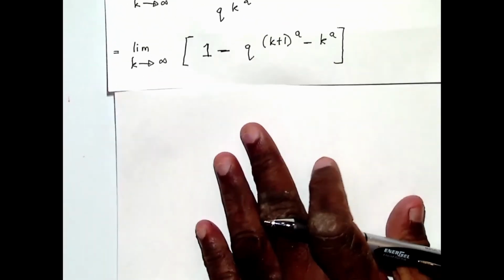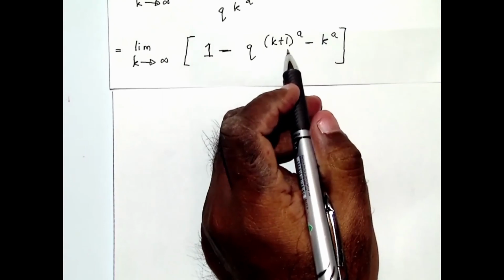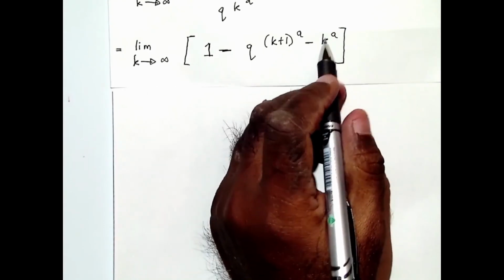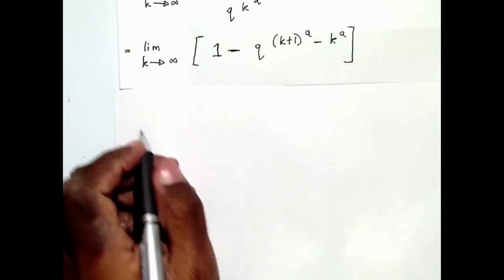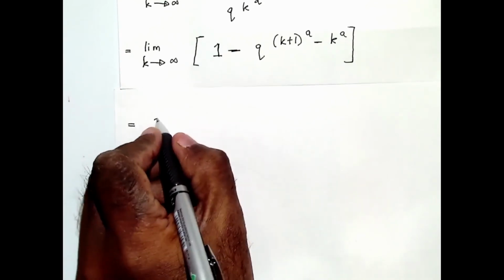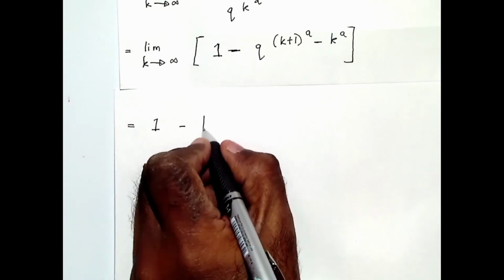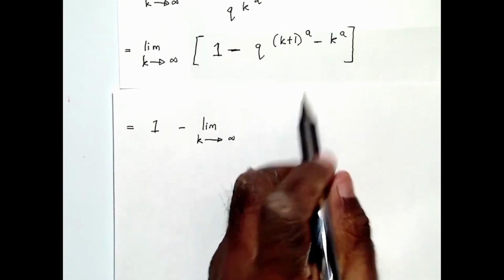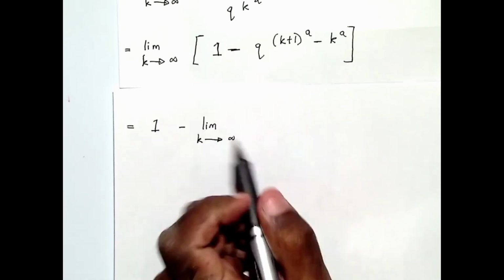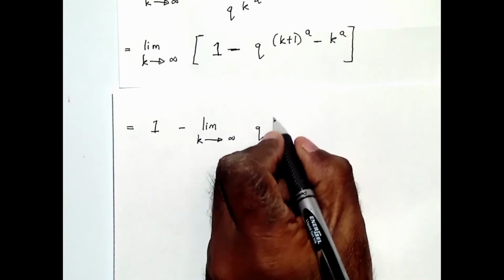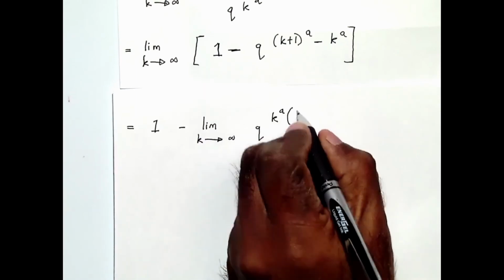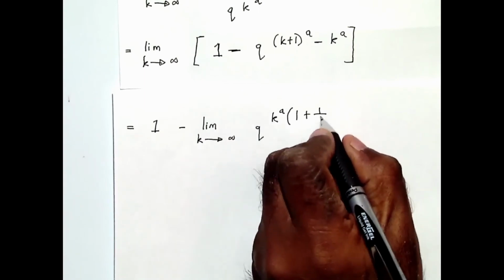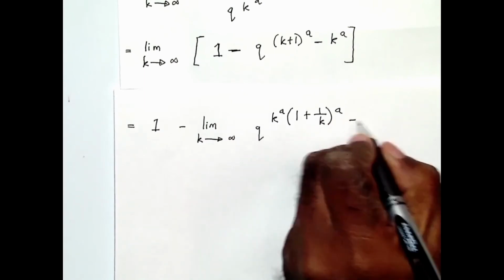Now I'm going to do the following with this: you have this power k plus 1 power a minus k power a, right? So this you can write as, I'm going to pull out the k term outside the brackets, so it's going to be this. Yeah.